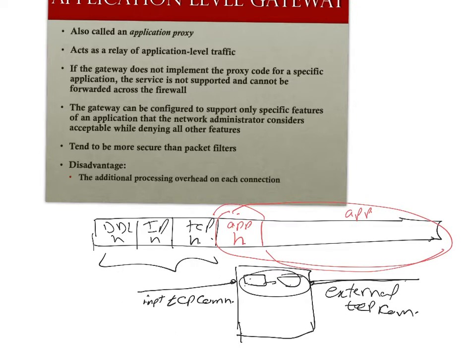So it looks at the application level header and the data itself. So not only can I restrict certain applications, I can even restrict some application level functions because I look at the actual data itself, okay? So I can do whatever restrictions I want in the application. The application type, the application function, I can restrict some functions and bypass some functions.